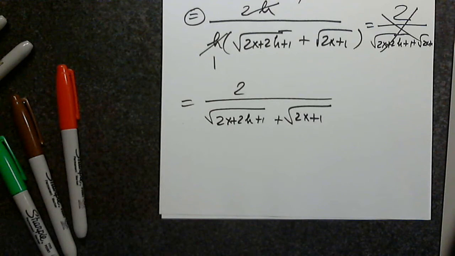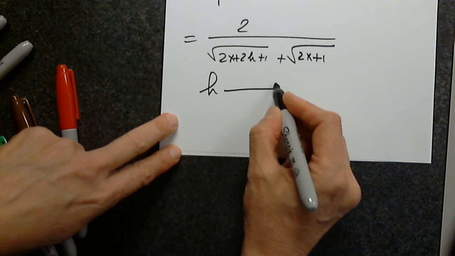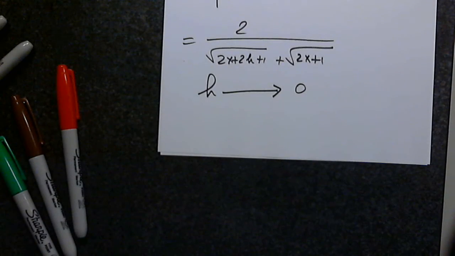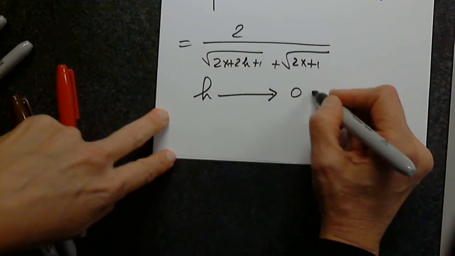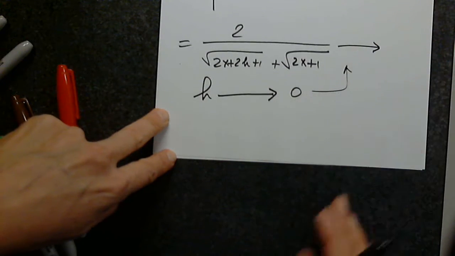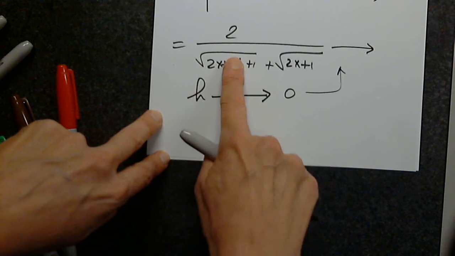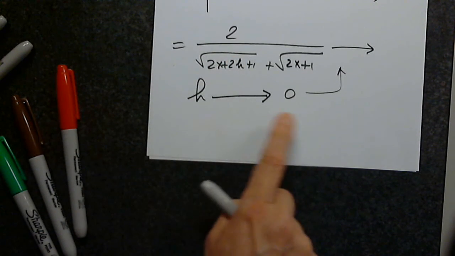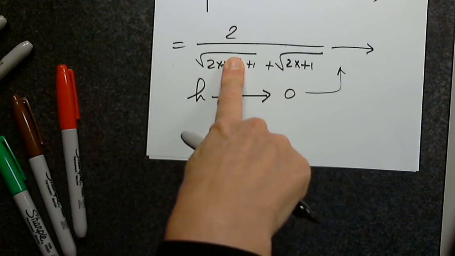Now, can you tell me what will be the instantaneous velocity as h approaches 0? In other words, as q gets closer and closer to p, in other words, h approaches 0, what will this approach? I covered exactly what goes away. Nothing else goes away.